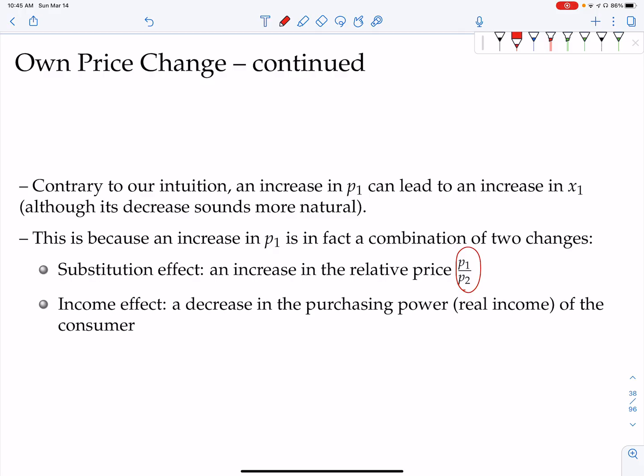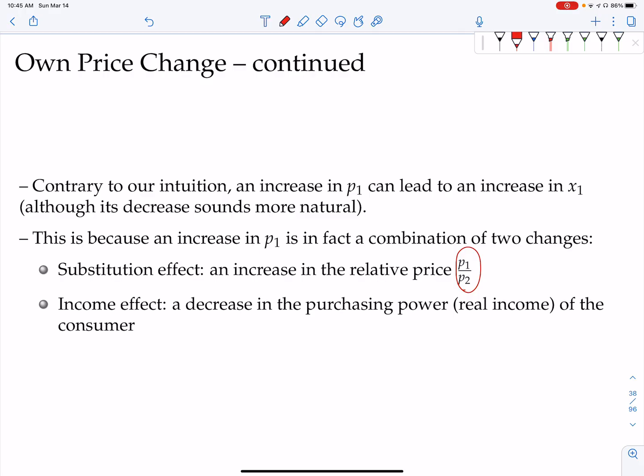This will be a substitution effect. If this became more expensive, then you better decrease the consumption of that and increase the consumption of the other good. For example, if you think of choosing between the meat and potato, and potato became more expensive, then you're likely to increase the consumption of the meat and reduce the consumption of the potato, right?